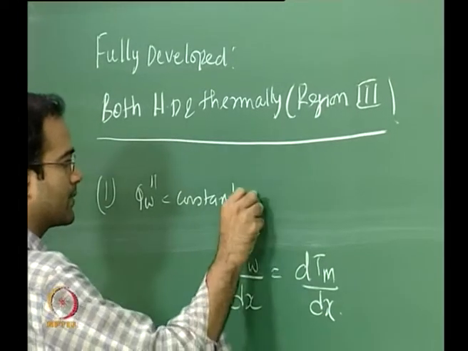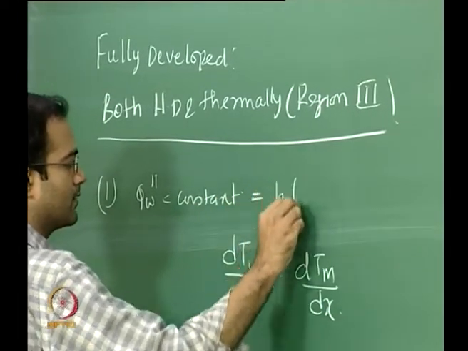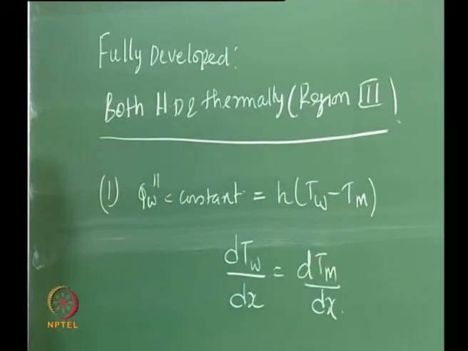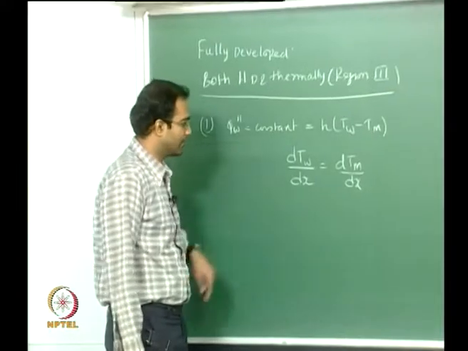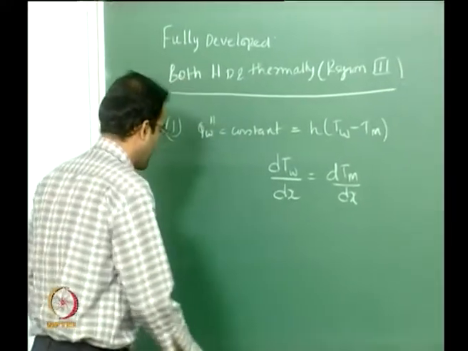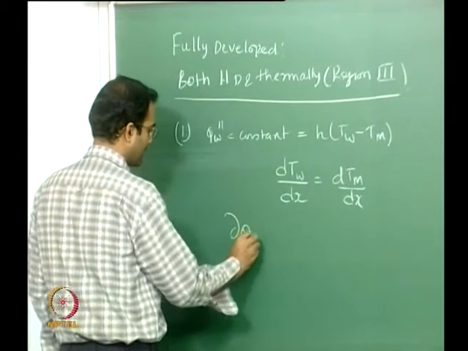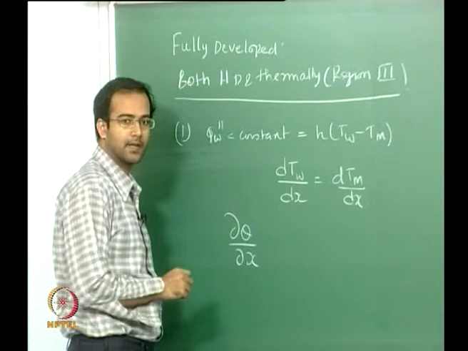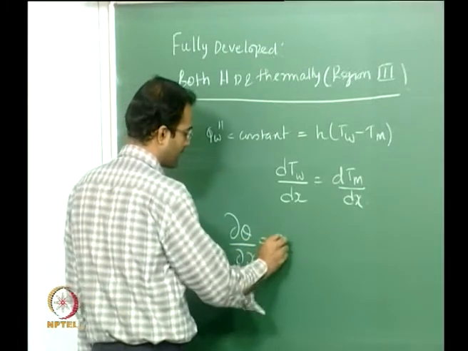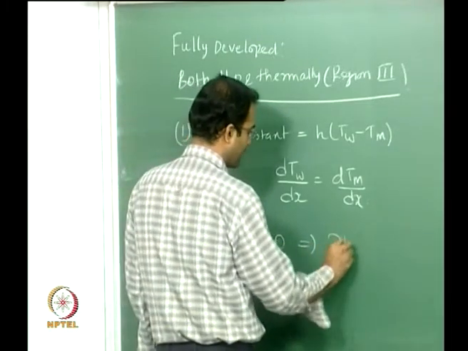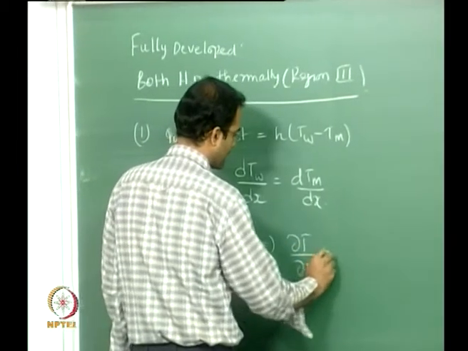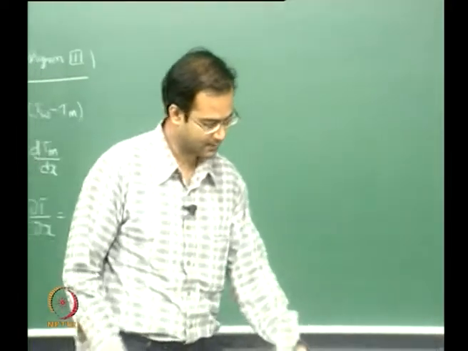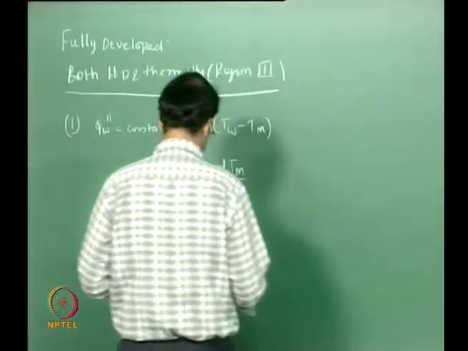This comes from the fact that q wall is equal to h into (T wall minus Tm). Also, for thermally fully developed flows, the non-dimensional temperature gradient variation axially is 0. From this we obtained an expression for dT by dx in terms of dT wall by dx and dTm by dx.